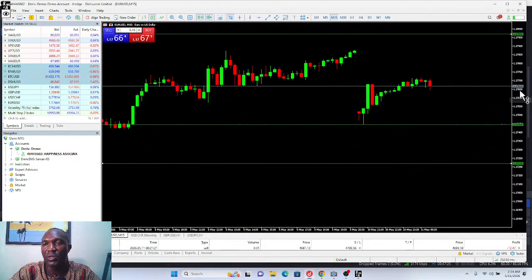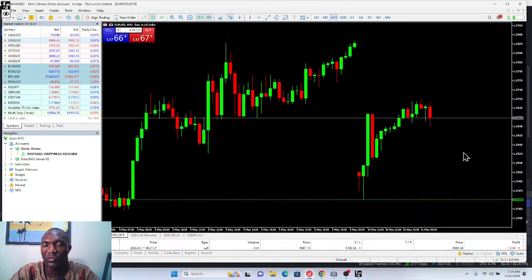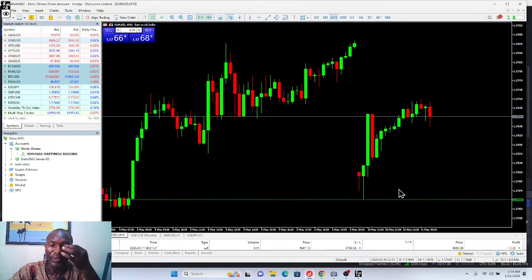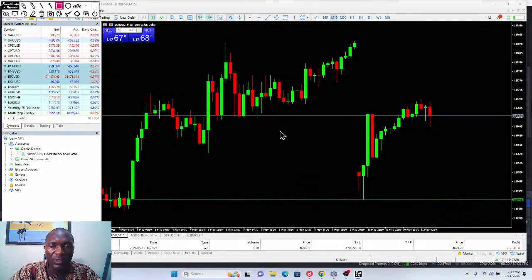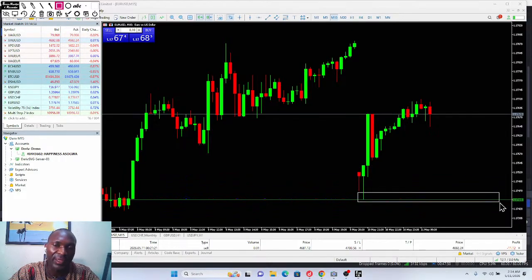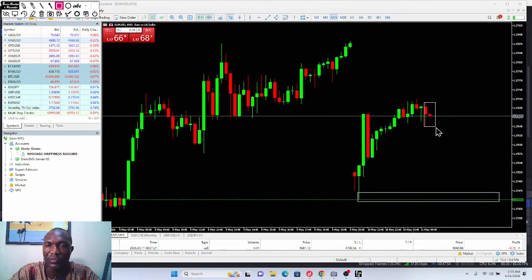Now you can see the way the market is. When you want to buy, you've drawn your key level. This is your support level. If the market gets to this key level, this support level, and the candle is red, don't buy. The way it is now, you don't buy.